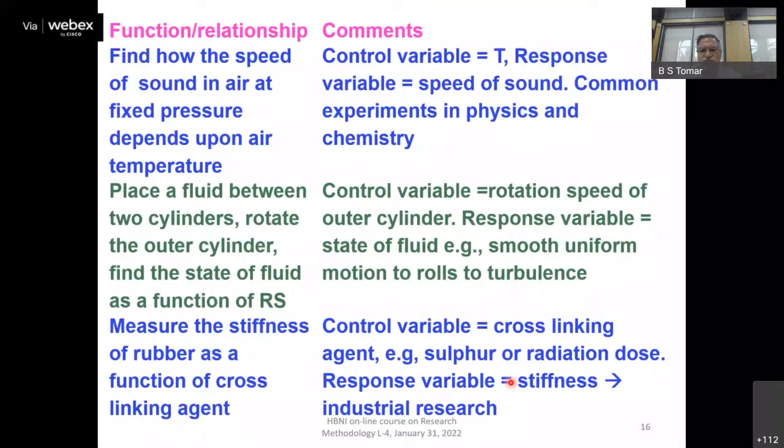Subsequently, you generate a relationship between radiation dose and the cross-linking. You plot stiffness versus radiation dose and generate a mathematical relationship, which you can use later to generate a particular stiffness, so you know how much dose to give the rubber. This kind of experiment is also very common in industrial research.